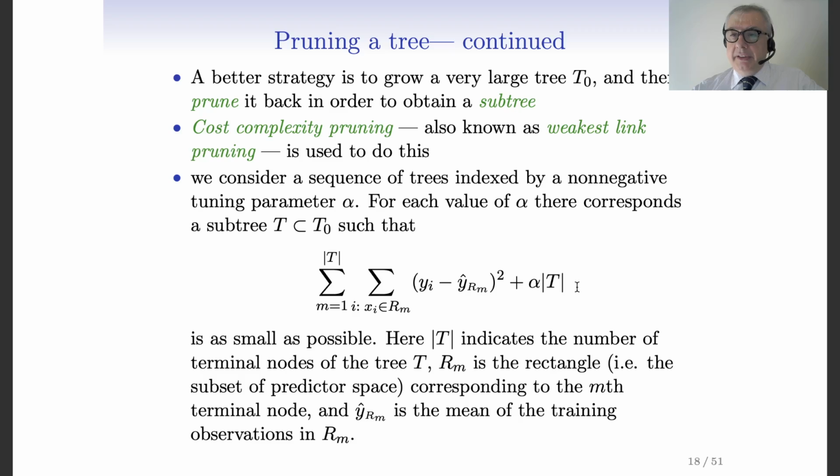So the idea is that if two trees have the same residual sum of squares, I will choose the one with fewer nodes. And even more than that, it could be that I prefer a tree with worse residual sum of squares if the number of terminal nodes is much smaller.